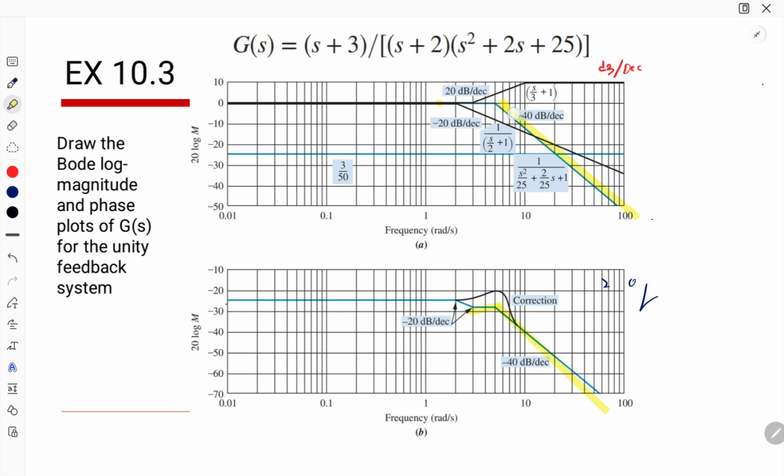So it was flat, and all of a sudden you have 40 dB before 1, 20 dB up, 20 dB down, 40 dB down. So it was flattened from that point of your interest. 1, 2, 3, 4, 5, and s equal 5, minus 40 dB. So you draw this here in the blue.